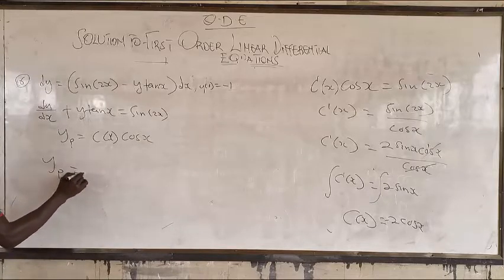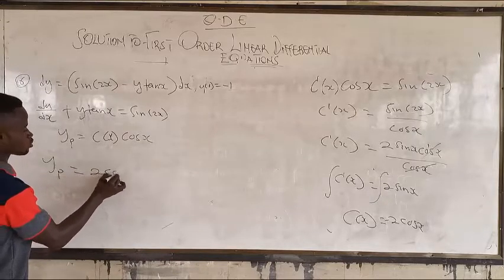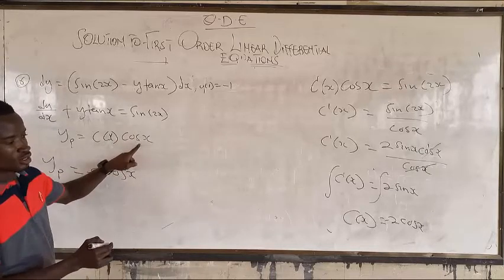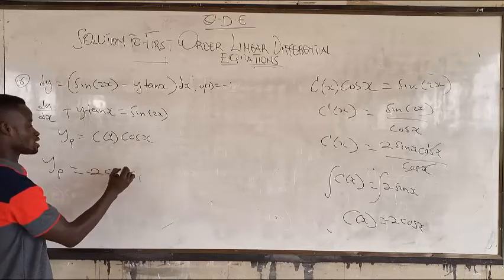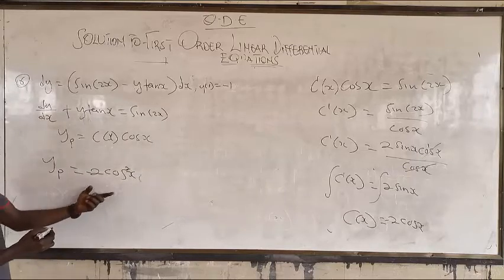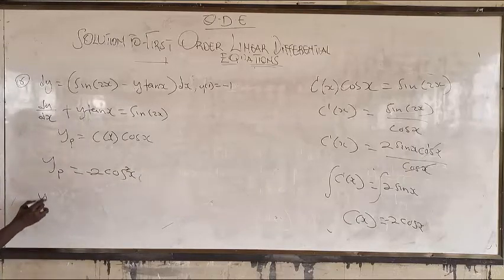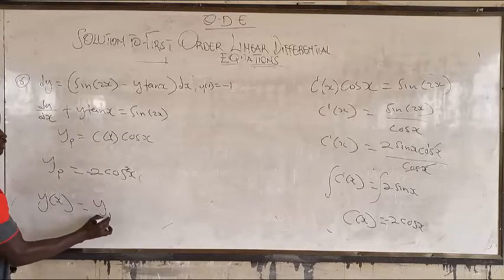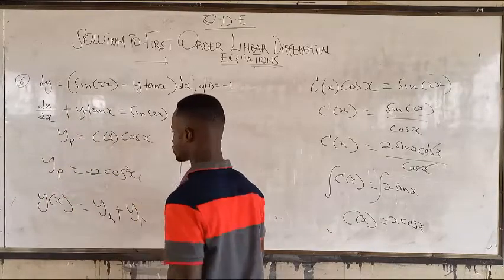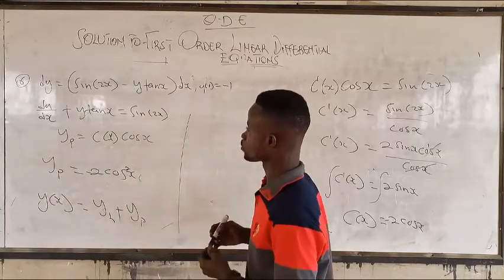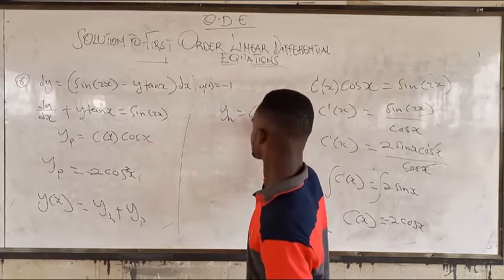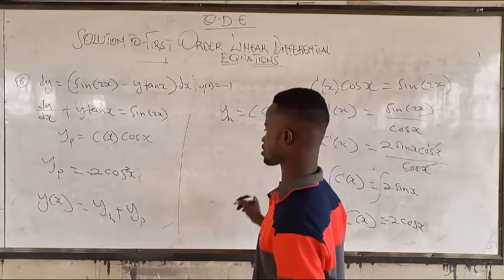Therefore, y of p will be equal to negative 2 cos x. But there is a cos x here, so cos squared x. So that is the particular solution. So for us to get the general solution, we know that the y of h is c cos x.